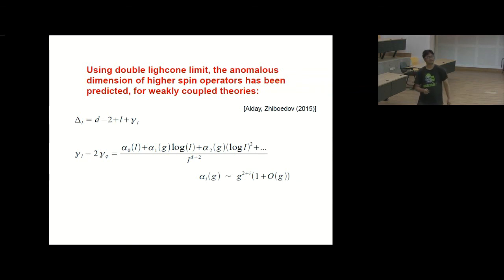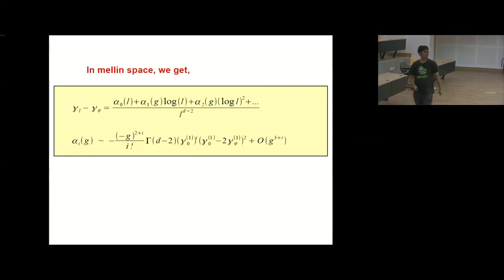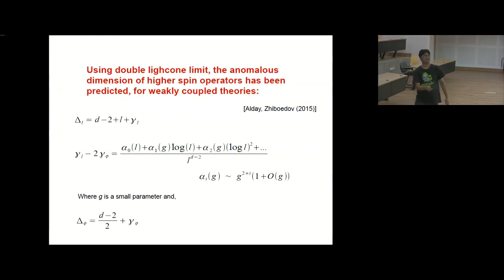They are suppressed over an L to the power d minus 2, and there is a power series of log L's that are going to appear. All of them are suppressed by a certain perturbative parameter G, where G is a small parameter and delta phi, and this gamma phi is the anomalous dimension of the delta phi, the external field. In Mellin space, using an approach that I have just shown, one can actually determine the alphas that we have here.